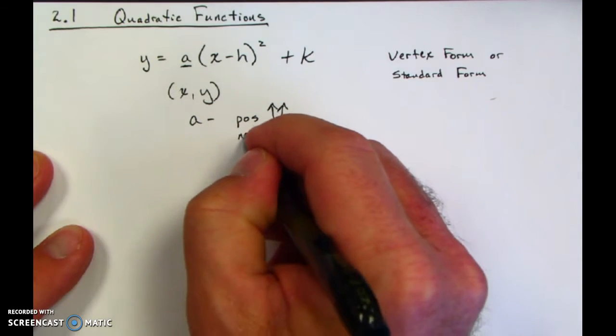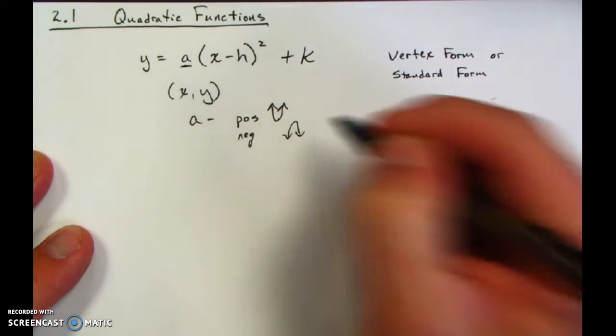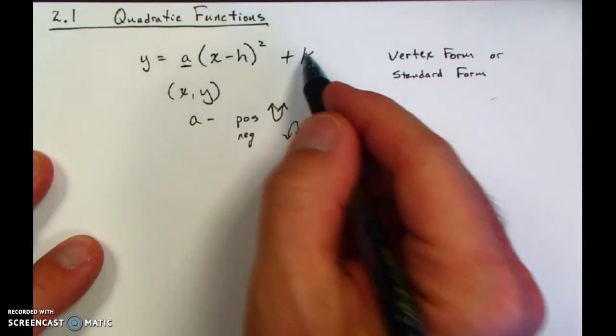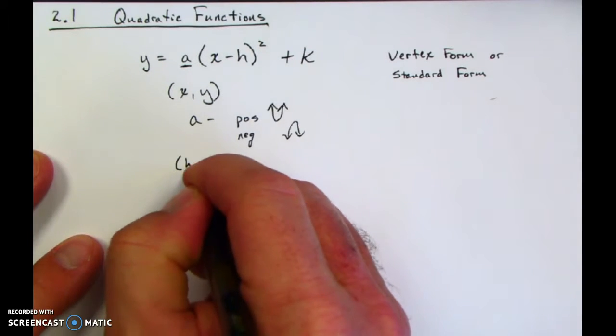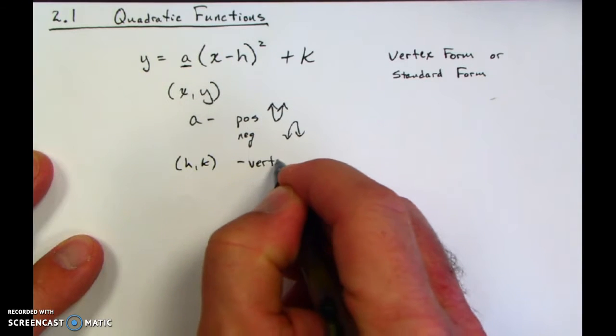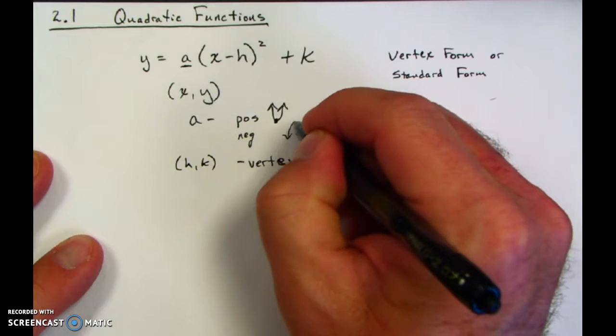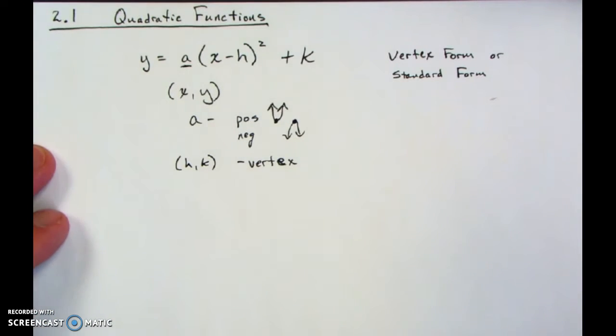And if it is a negative number, then our parabola is opening downwards. And then the hk value is the vertex of that parabola, either the min or the max point.